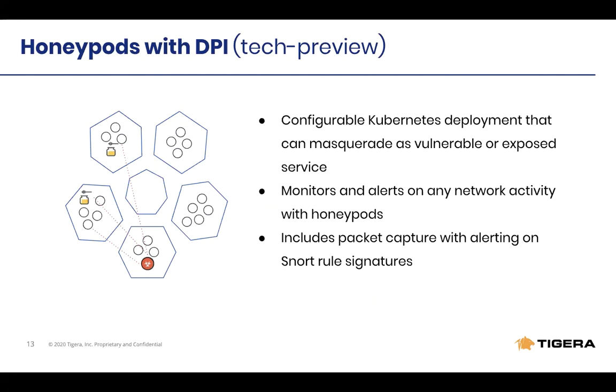We also, in the latest iteration of this, have added our first foray into deep packet inspection. So we're not just looking at the network activity, we're doing some packet capture. We've incorporated a Snort engine and a ton of community-based signatures so that we can look at the contents of those packets and alert on things that may be indicative of well-known exploits and malware.